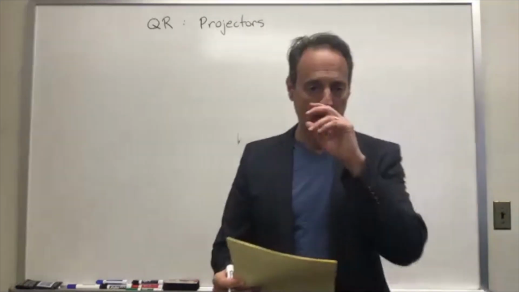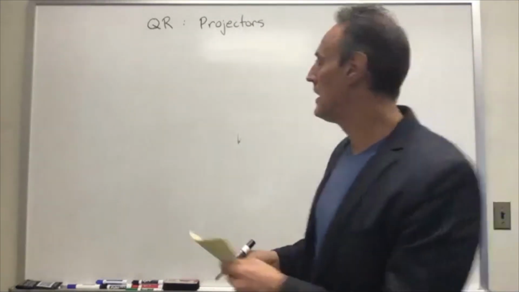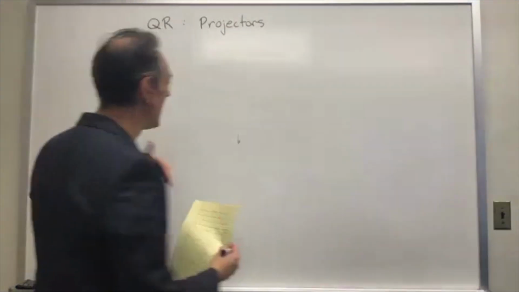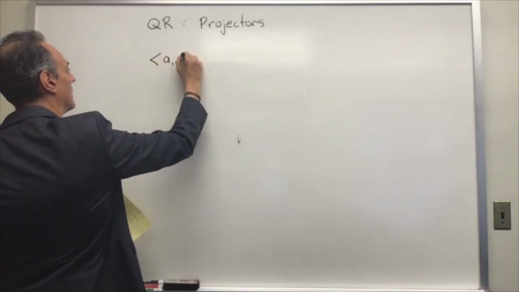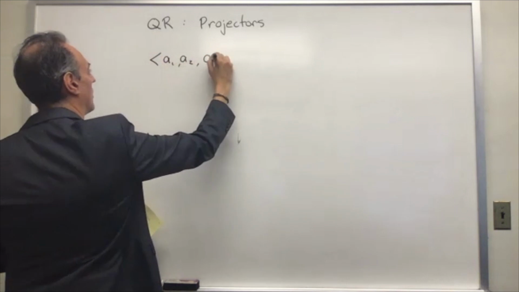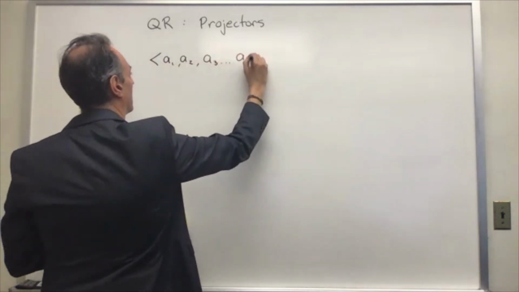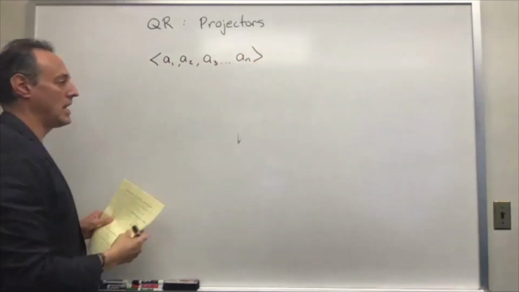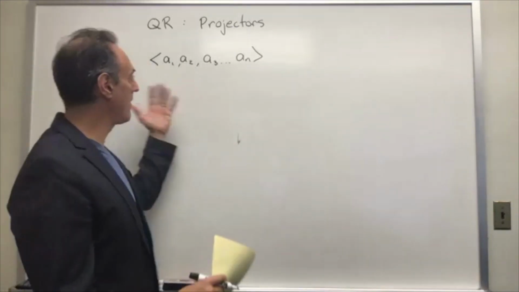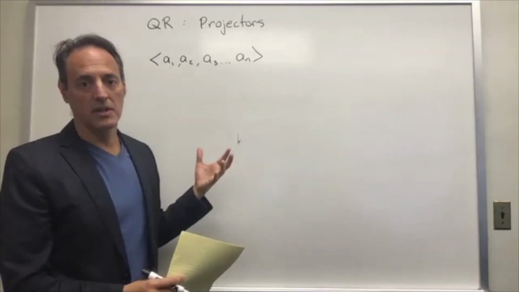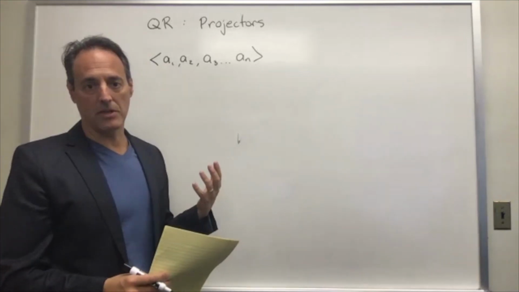Now let's remember from last time. Last time we talked about a collection of n vectors, and my data is going to live in an m-dimensional space. So I have n vectors sitting in this m-dimensional space.